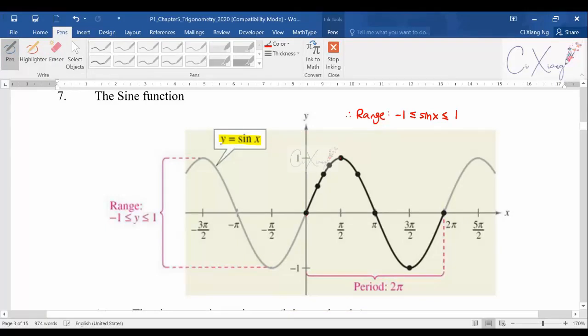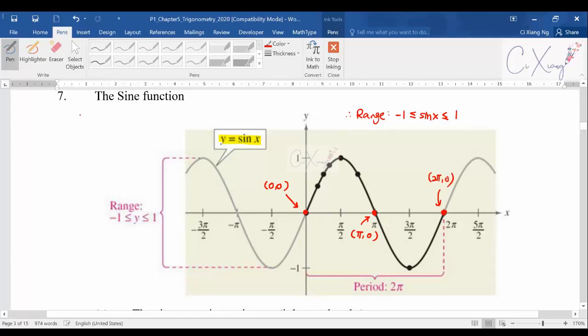The first one you need to know: when x equals 0, y equals 0. Likewise, when x equals pi, y also equals 0. And when you have 2 pi or 360, you get y equals 0.